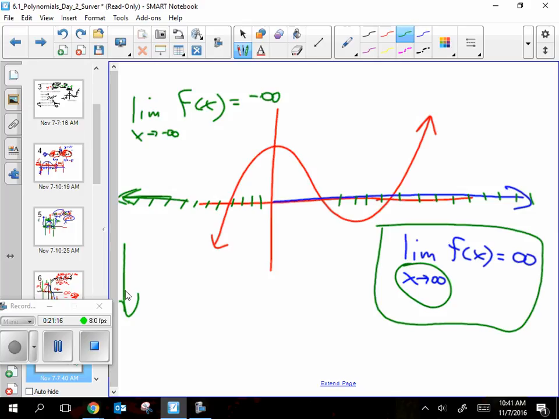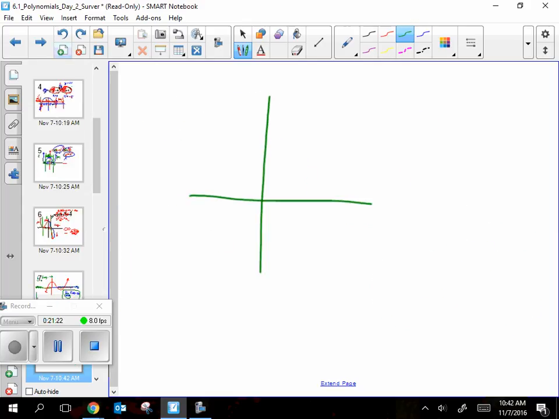All right, I'm going to give you one like that. Everybody take this picture and tell me what the right end limit is. The right end limit.